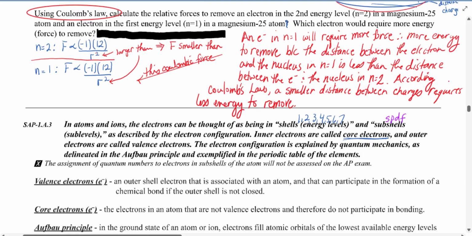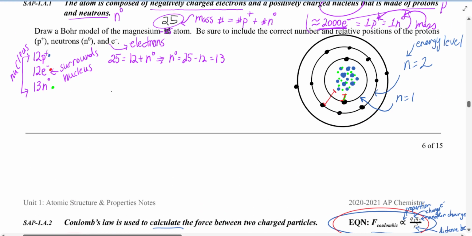So let's look up here at our Bohr model. I am going to highlight our core electrons as yellow. Anything that's inside the outer shell will be your core electrons. Maybe yellow wasn't the best choice.